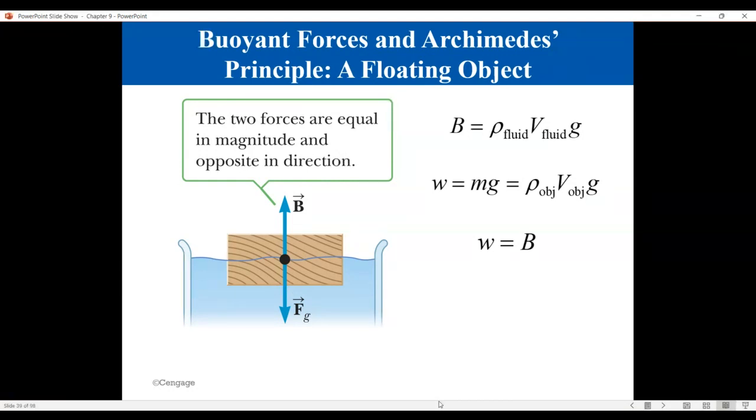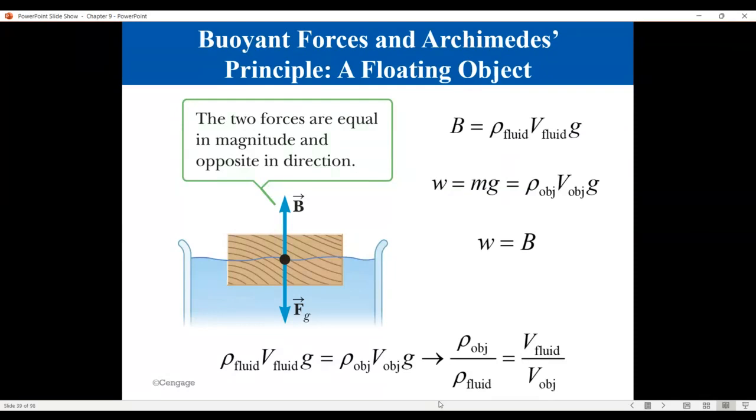What's important here is that whether an object is totally submerged or whether it's floating, we must be cognizant of that, and we must always remember that we are looking at the volume displaced by the fluid, V fluid, whereas V object is the volume of the object.